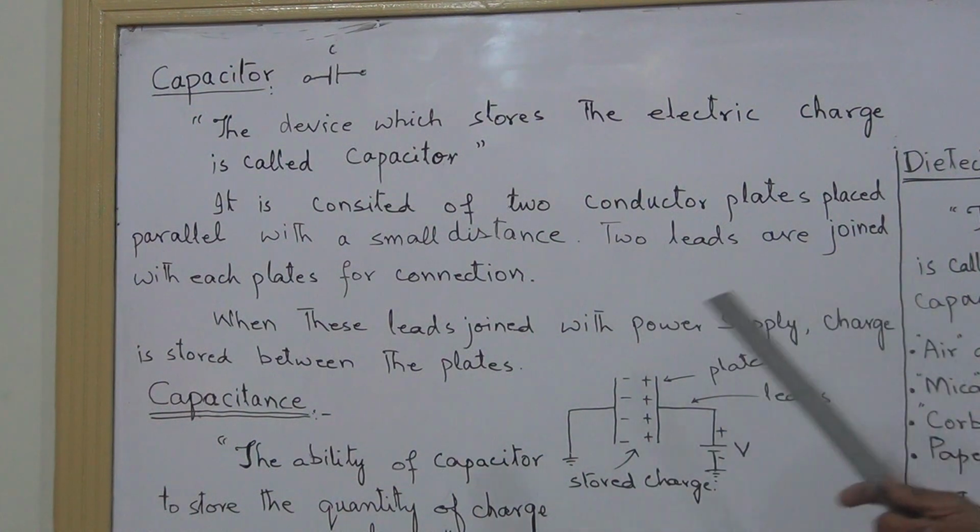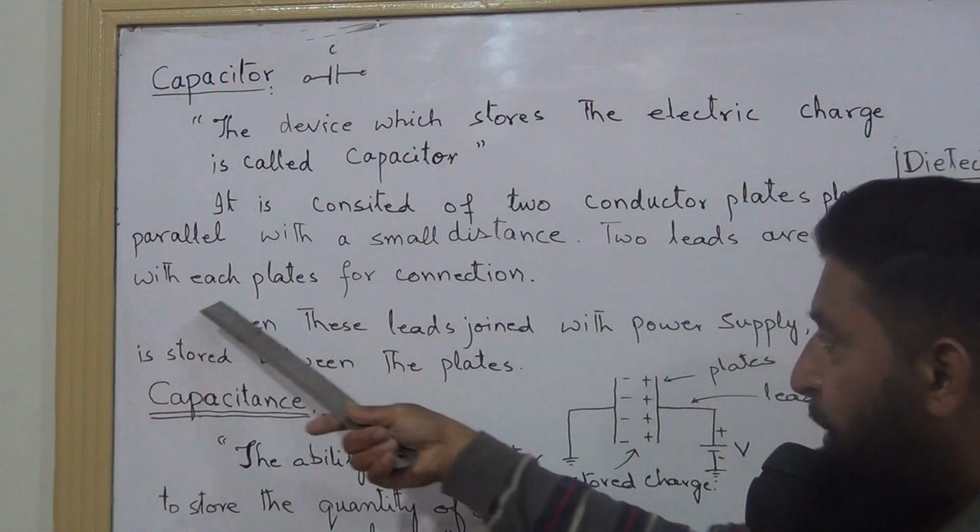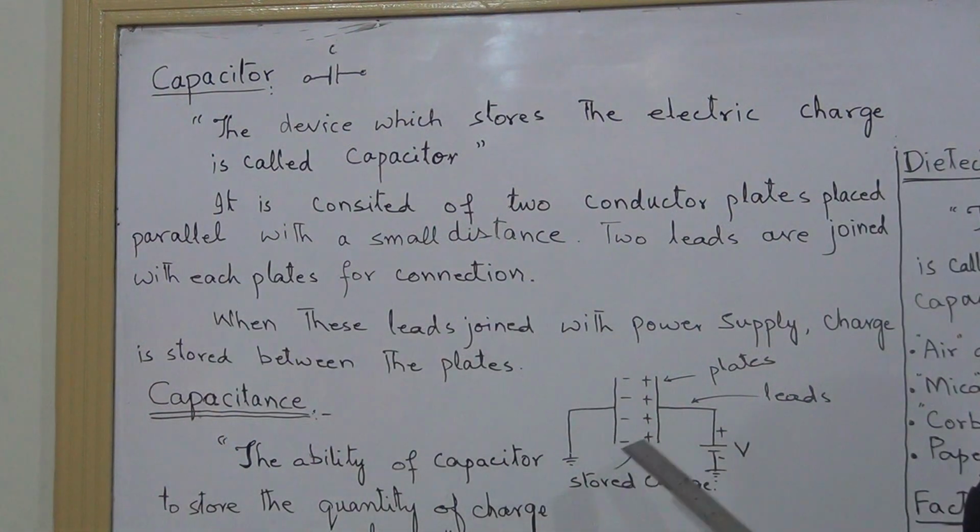Two leads are joined with each plate for connection. These are two wires. Wires are leads. One lead with one plate and the other lead with the other plate, for the external connection and potential difference, voltage.